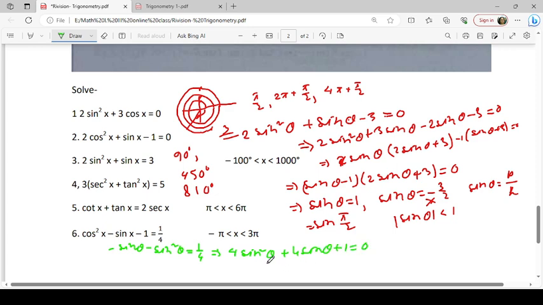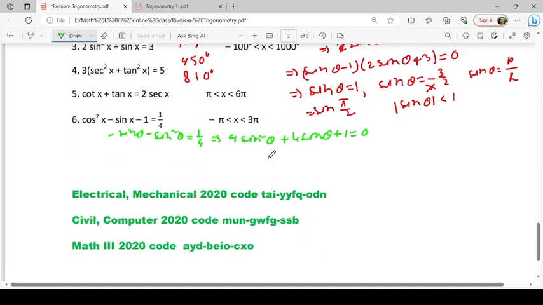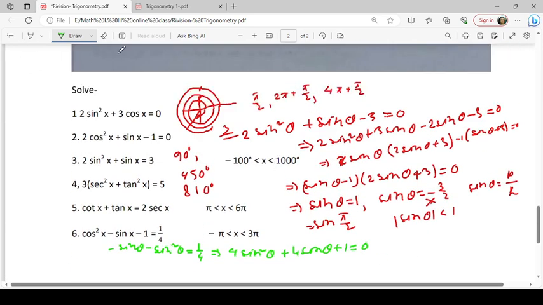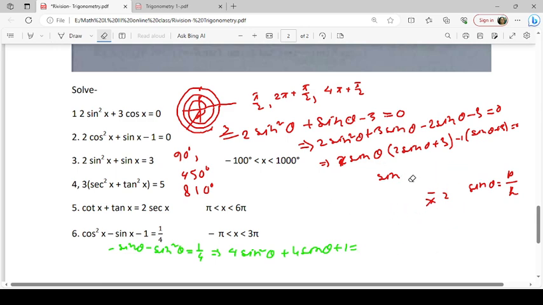So this we write as 2 sine theta plus 1 whole square equal to 0.